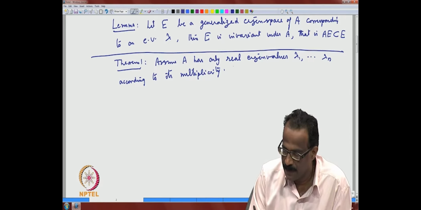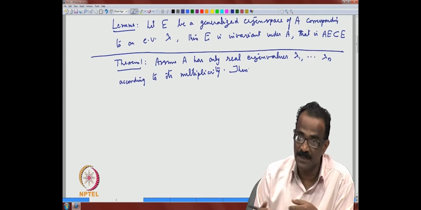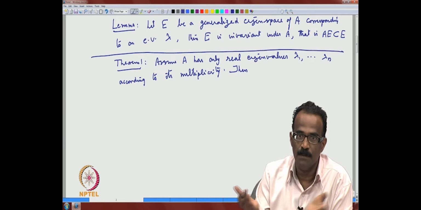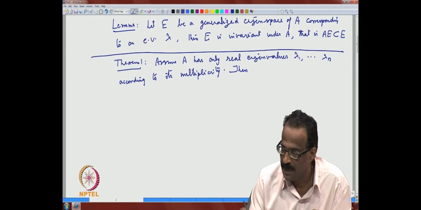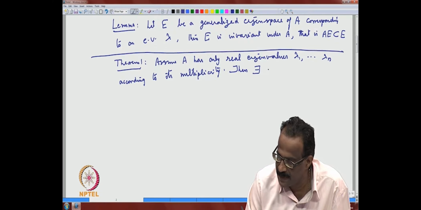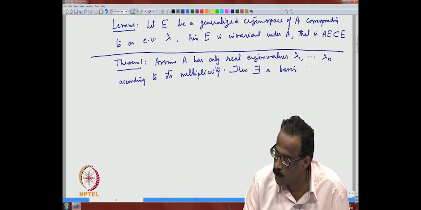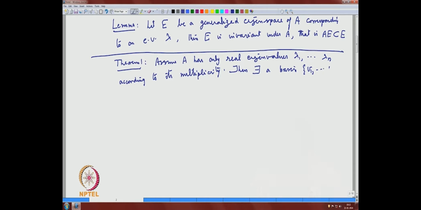Then the result we have discussed so far, which of course requires a proof that we did not give, is nothing but part of the Jordan decomposition. There exists a basis V1 through Vn of generalized eigenvectors of R^n.